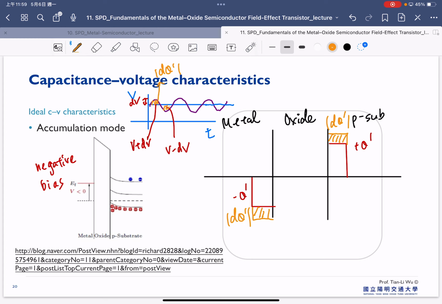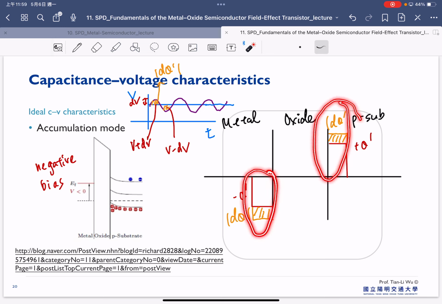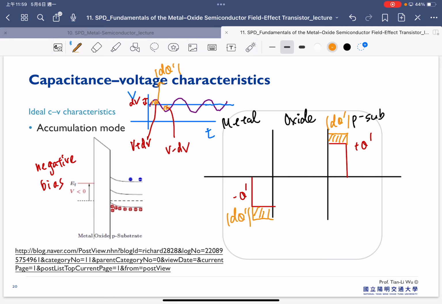Therefore, this small AC certainly changes the charges between this plate and this plate, and that will create the capacitance in between.